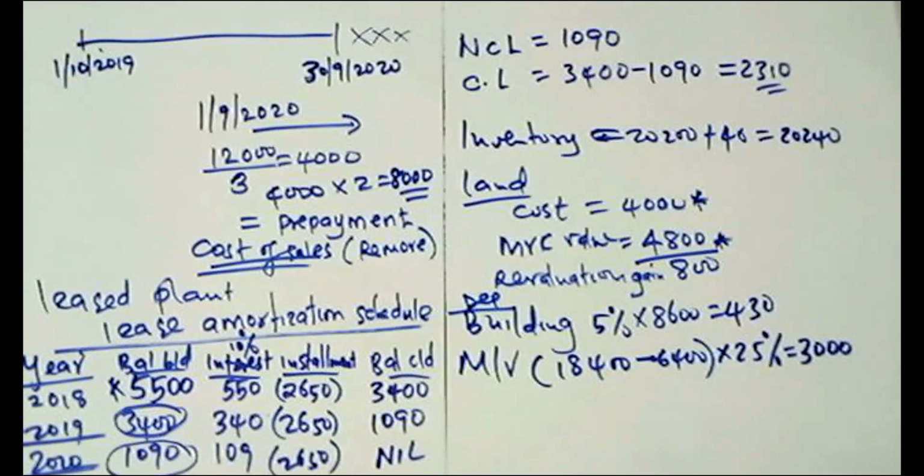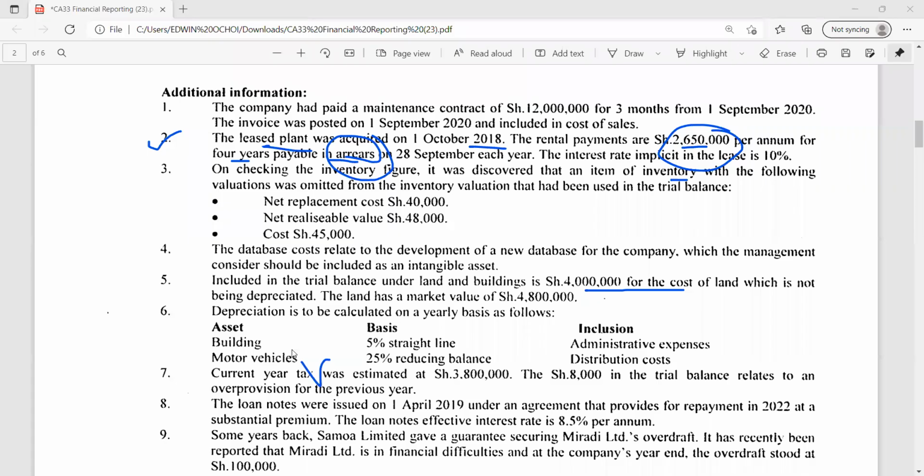Is there another working which is remaining before we classify the expenses as per the functional heads? Current year tax was estimated to be 3,800,000, and 8,000 of the trial balance relates to over provision for the previous year.